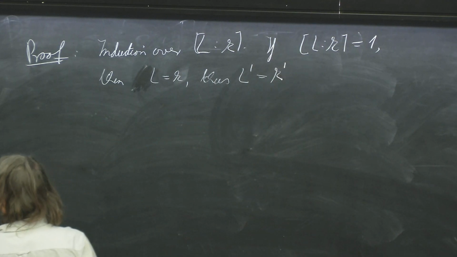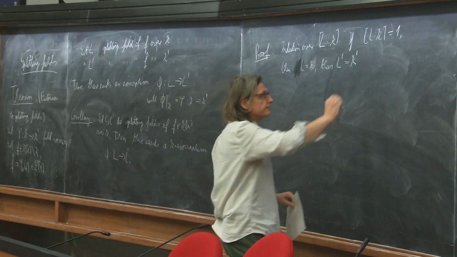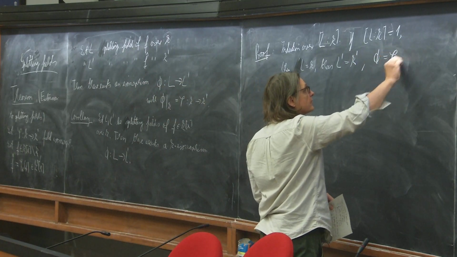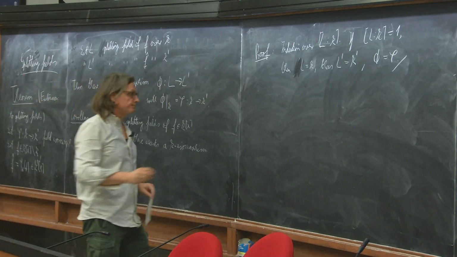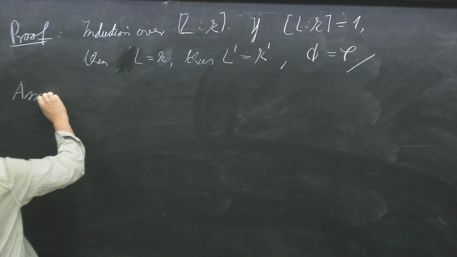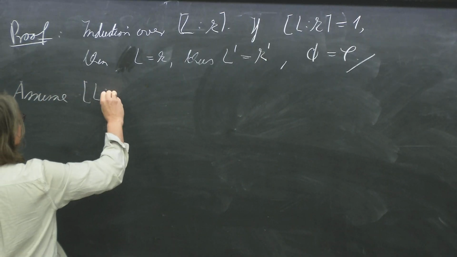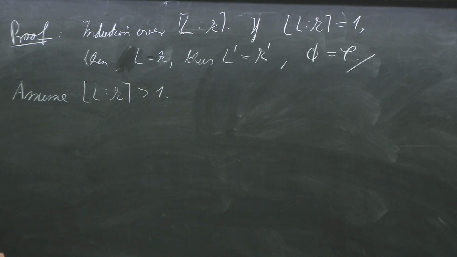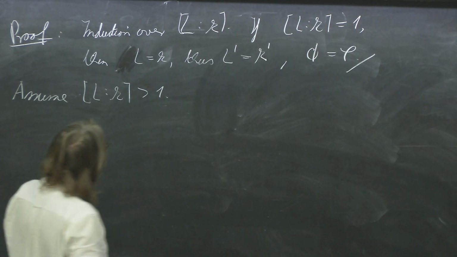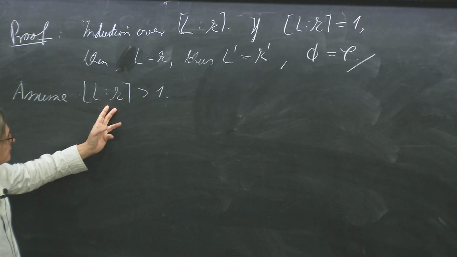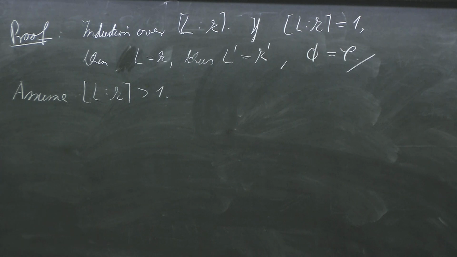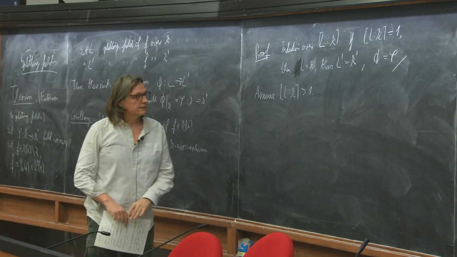And so our large phi is just phi. Okay, so this case is trivial. Now we assume that the degree is bigger than 1. And we want to make this induction, so we have to reduce to a smaller degree of the field extension. And we do this by putting between L and K a simple algebraic extension. For that we know that there is an extension of this isomorphism, and this gives us the induction step.